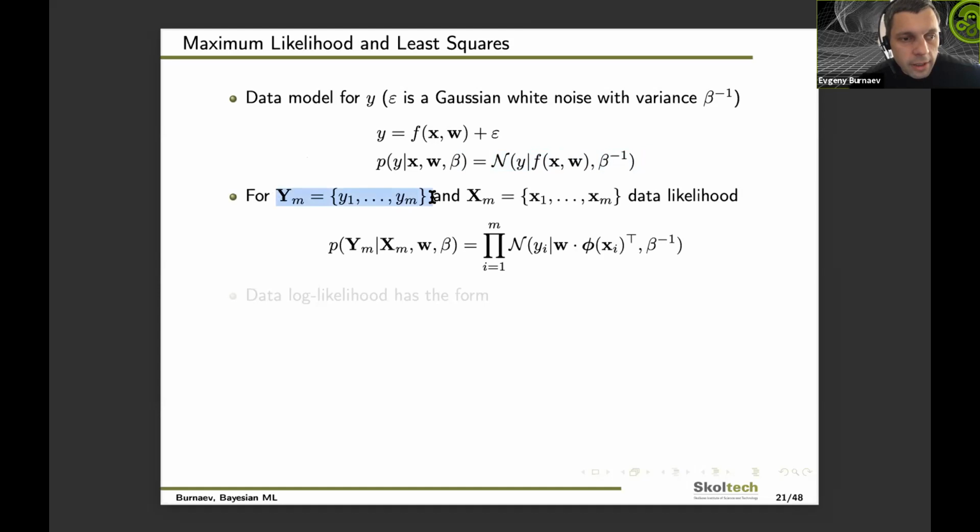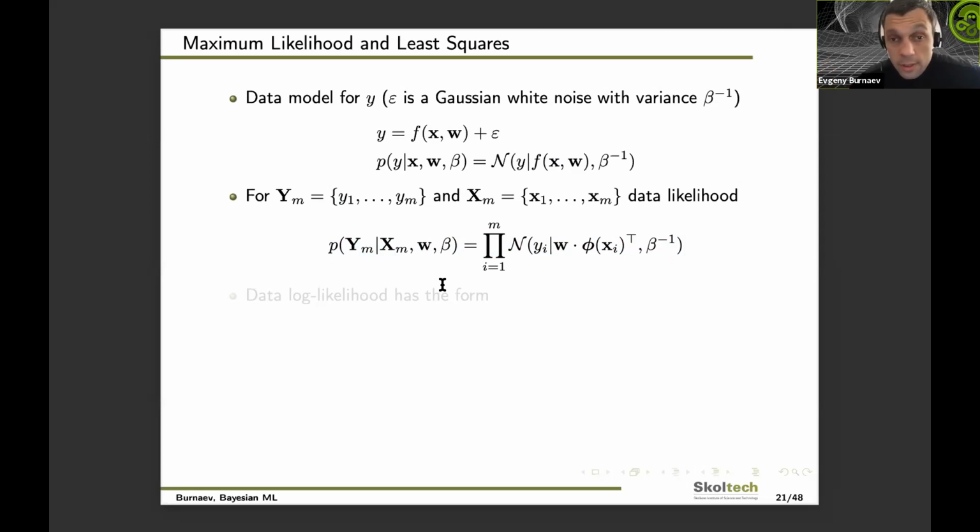Let us denote by y sub M a set of output observations, and by x sub M a set of input vectors. And this is the data likelihood. Because all observations are considered to be independent, identically distributed, the likelihood of the data set is equal to the product of individual likelihoods for each separate observation.